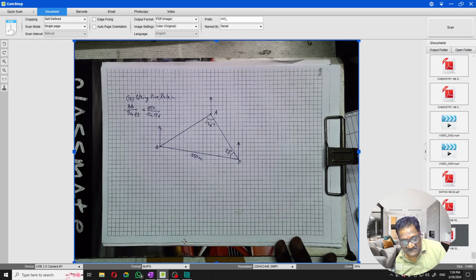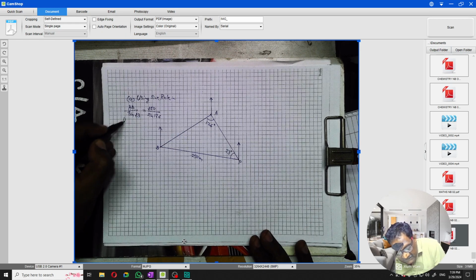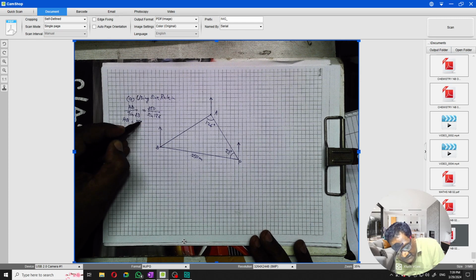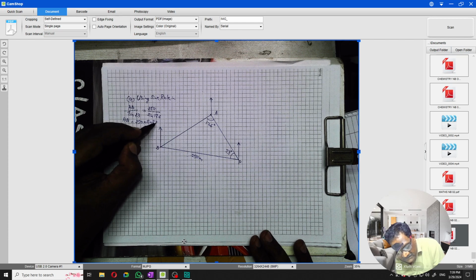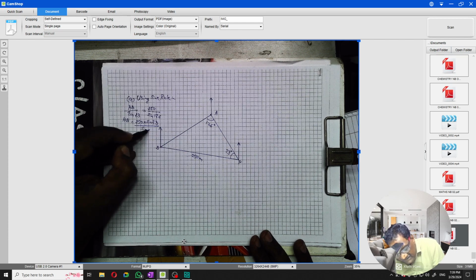This is using the sine rule. Now AB will be equal to, if you arrange this, 250 multiplied by sine of 23, whole divided by sine of 126.